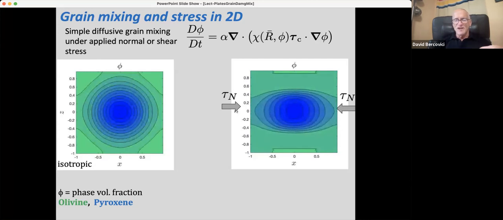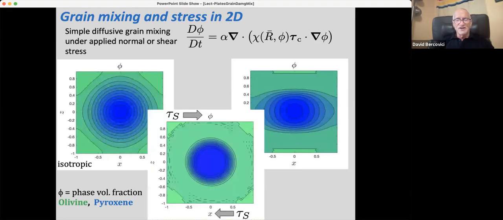So you always wind up wanting things to go from compression to tension, and that winds up looking the way a dike actually opens up. You wind up propagating along the direction of compressive stresses. And if it's under pure shear, it will move in the direction of the compressive stresses, which is at 45 degrees in pure shear. So this is a diffusive theory for how grains wind up migrating through each other.